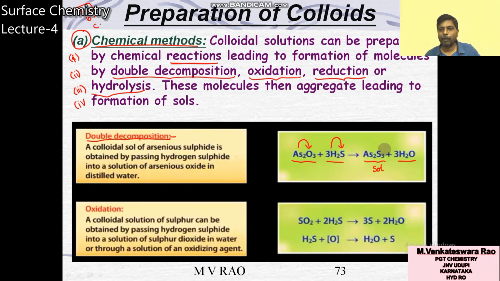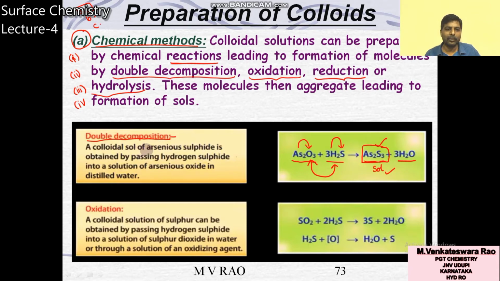You can see on the product side these are interchanged, double decomposition. As2S3 is a product. Here H2S, so one more product is H2O. Of these two products, As2S3 is the colloid, the sol.